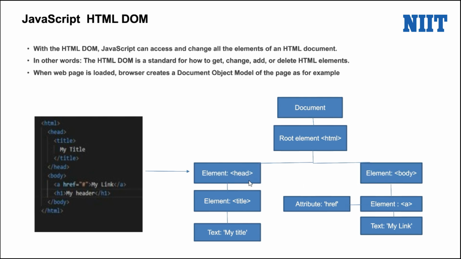The element head itself has a title element. The body has an element called the anchor tag. The title has a text, my title, and the anchor has an attribute href, and it also has a text, my link. This is how the document object model of the page gets created.